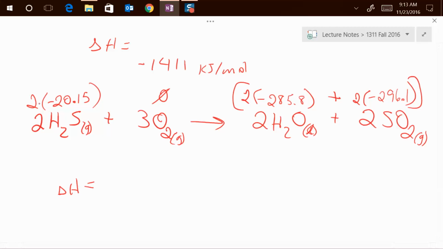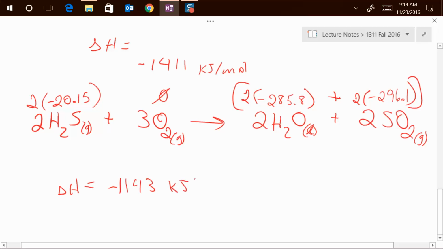So products minus reactants. Negative 1,143. That's right. Is that what you got?